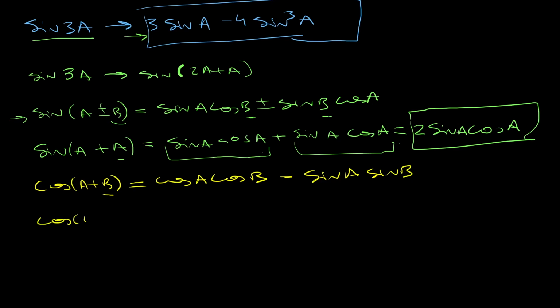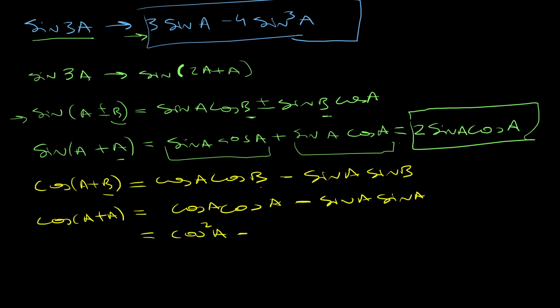So cosine a plus a is equal to cosine a cosine a minus sine a sine of a. And if you notice both these expressions, we have the exact same term multiplying by the same term. So this is the same thing as saying cosine squared of a minus sine squared of a. So this is our second one.